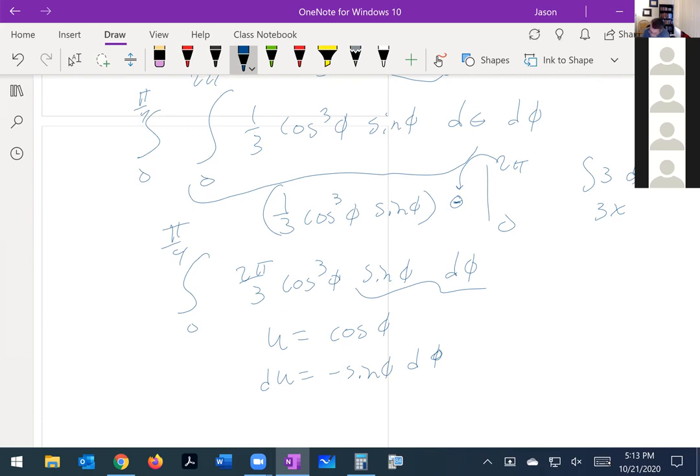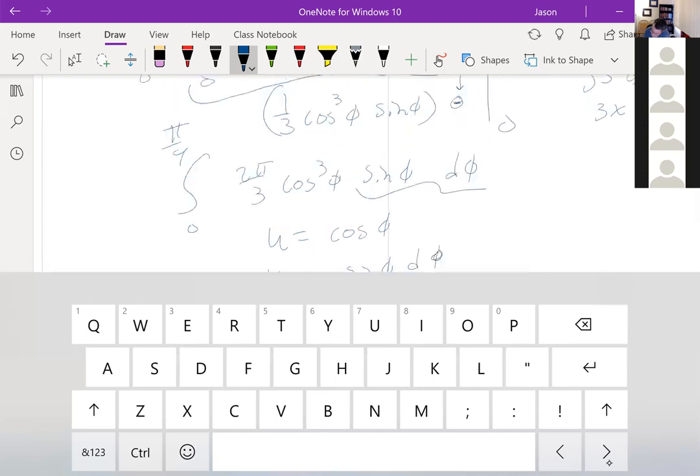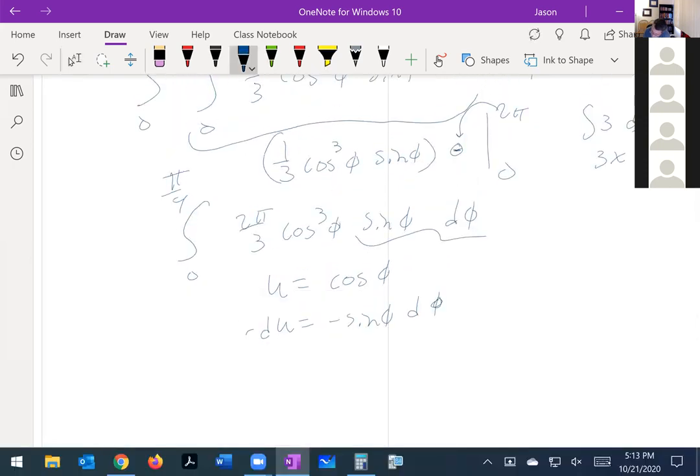I just have a negative du this time. If I want to change my limits, what's the cosine of 0? Cosine of 0 is 1, right? What's the cosine of pi over 4? Radical 2 over 2. Okay, nice. So this is 2 pi over 3.